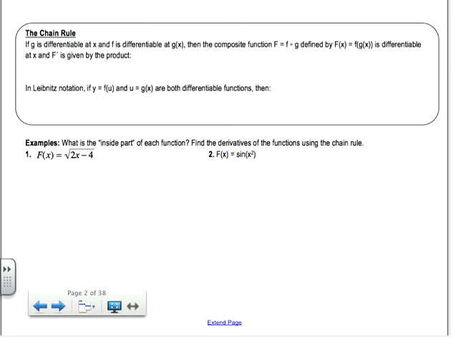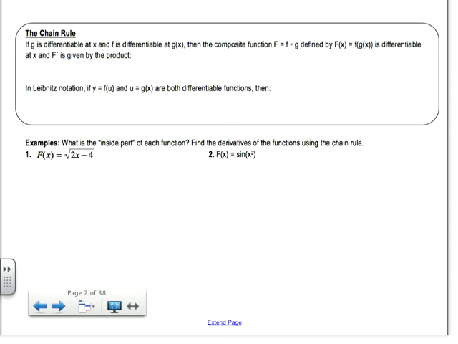Just tack it on. All right, so it says if g is differentiable at x and f is differentiable at g of x, then the composite function, so composite means composition, f of g, is defined by f of x equals f times g of x. Sorry, I know it's yellow, I'll fix it. Okay, it's differentiable, and f prime is given by the product.